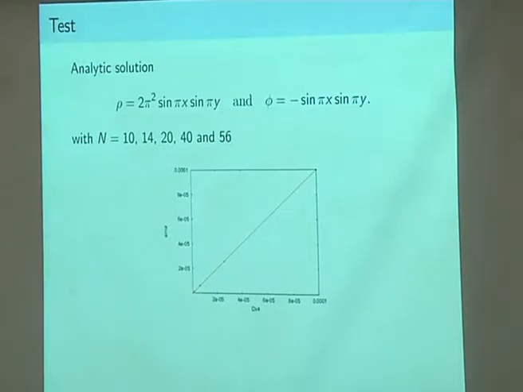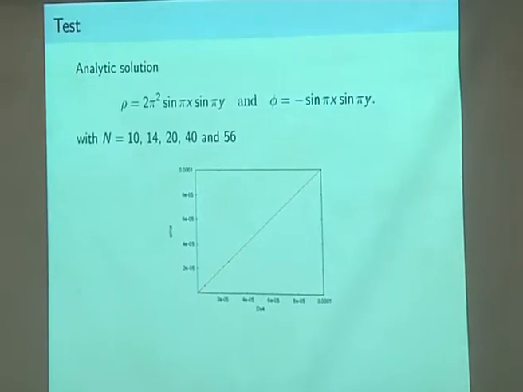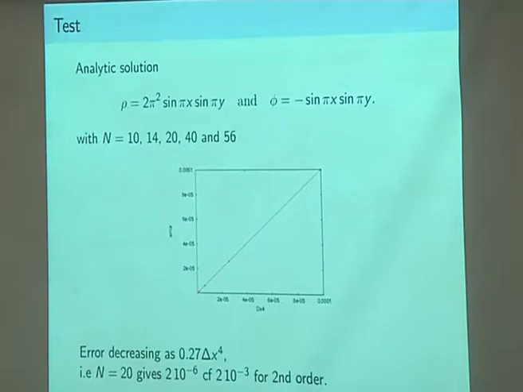I'm plotting here the total error, the difference between the numerical solution and the analytic solution, because I know the analytic solution of this test problem, as a function of delta x to the fourth. And there's a beautiful linear line. So it increases with those particular size grids as delta x to the fourth with a coefficient of 0.27.